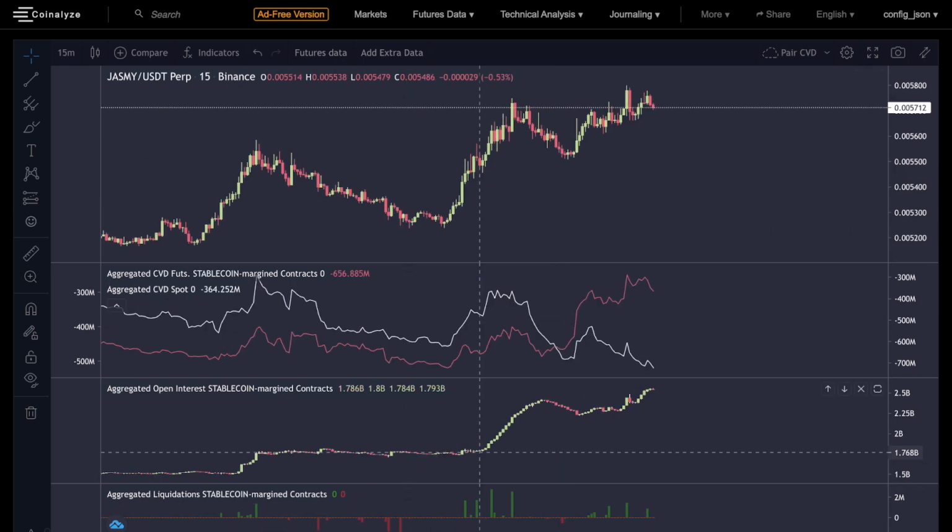There were also longs opening here, but this was also spot-led. But you just see here spot selling, but so is futures. And sometimes you have to check exactly the candles, because if they don't align, you'll be a bit inaccurate with the analysis. Just check one more example and then go with the conclusions.